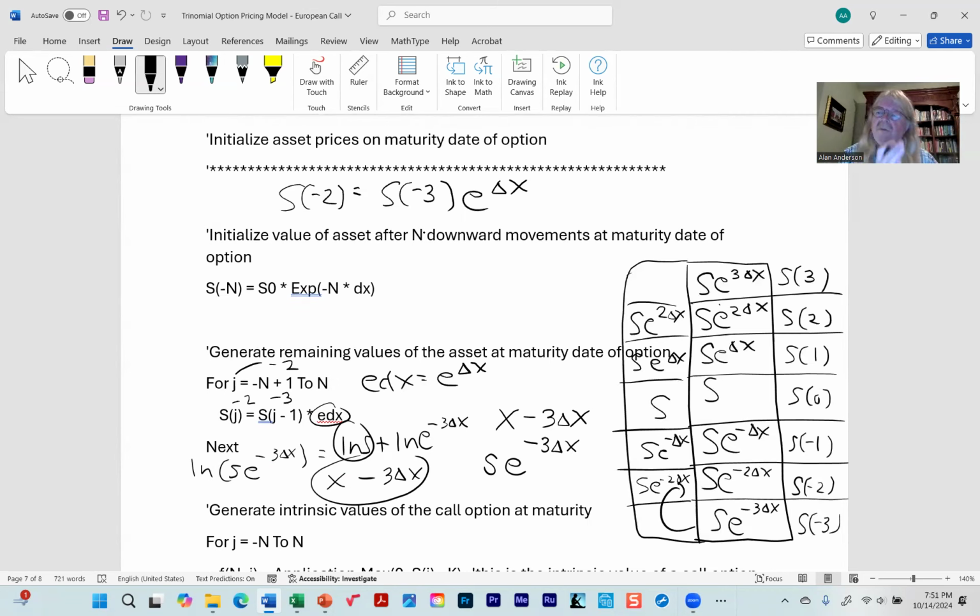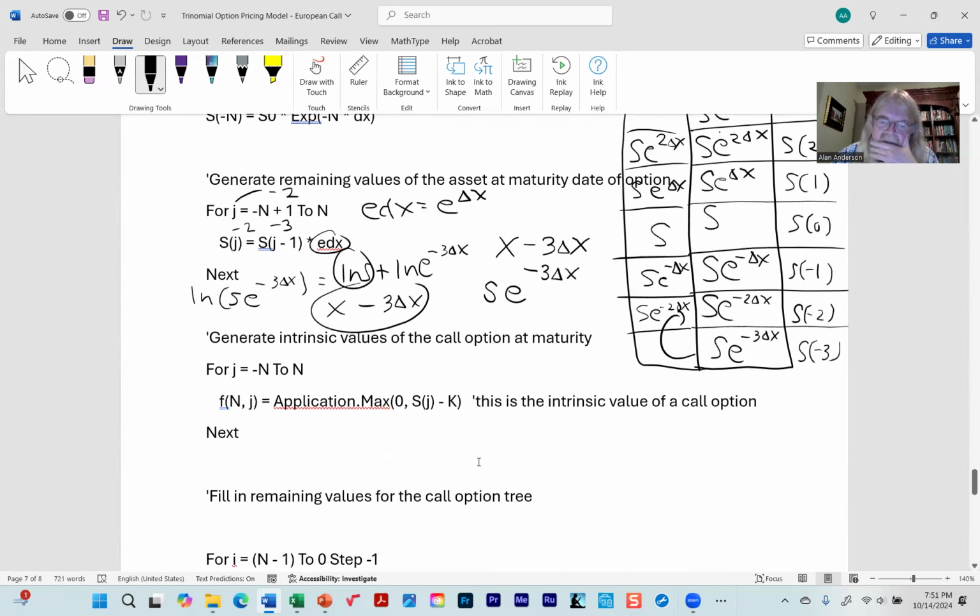And then one step earlier, you'd be missing the next two. So this is a good representation of the entire stock tree. It's basically the terminal time step. We don't need to fill in the rest of it.